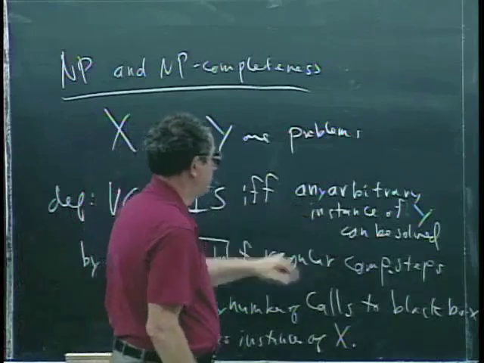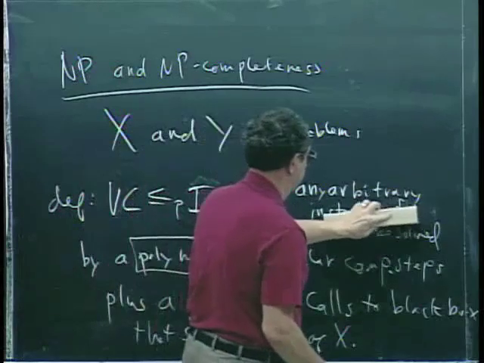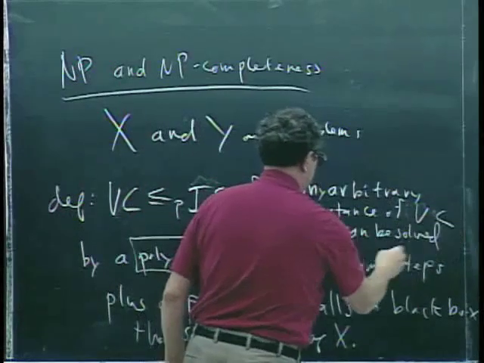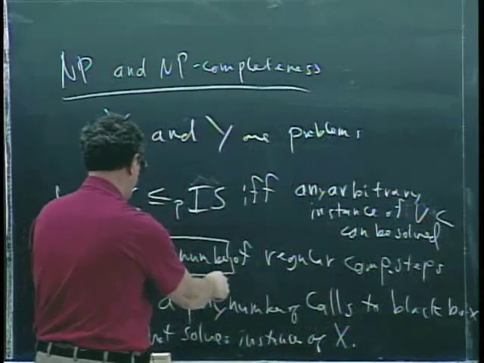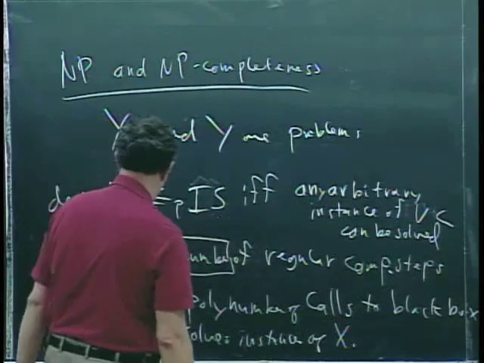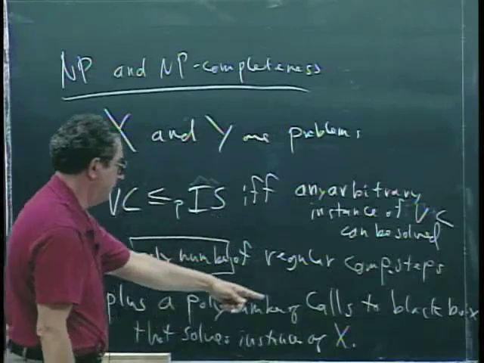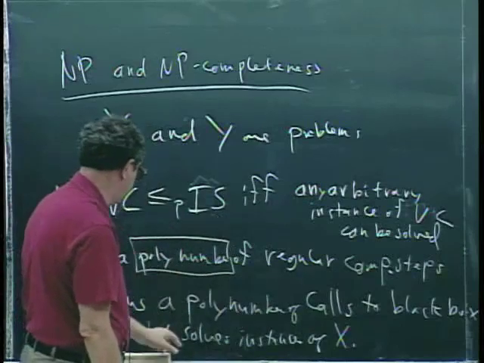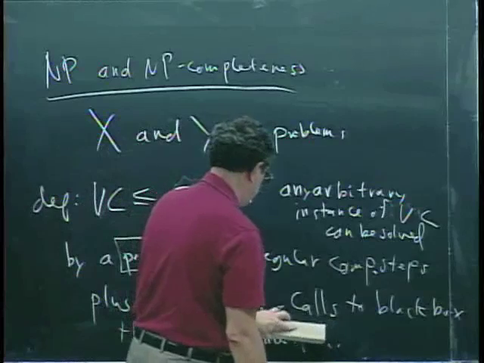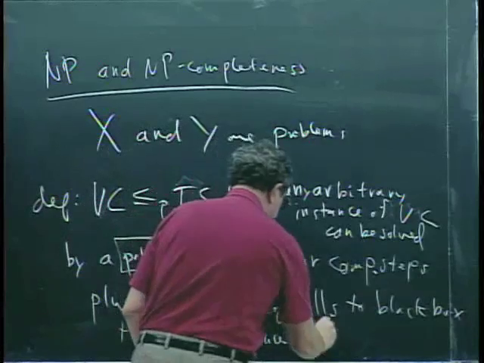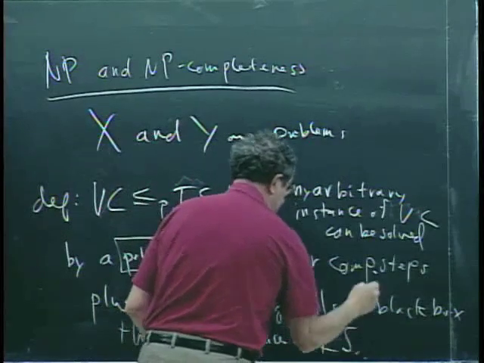Any arbitrary instance of vertex cover can be solved by a polynomial number of regular computational steps plus a polynomial number of calls to a black box that solves an instance of X, and X is independent set, right?